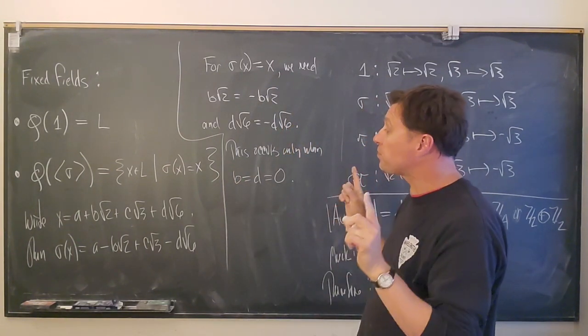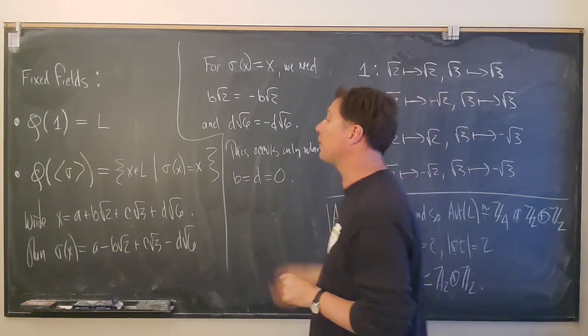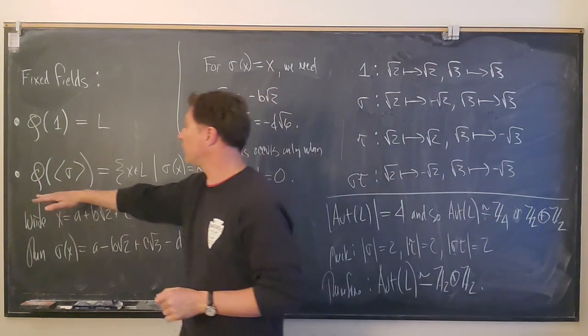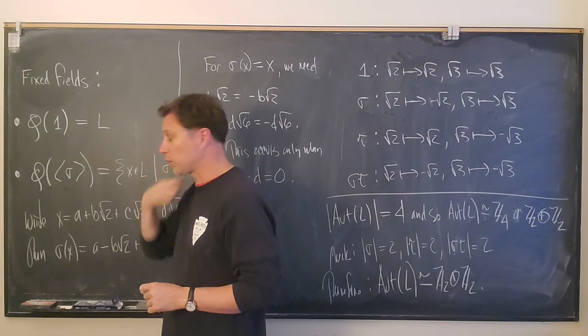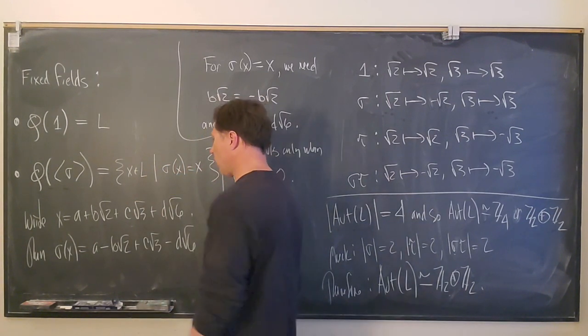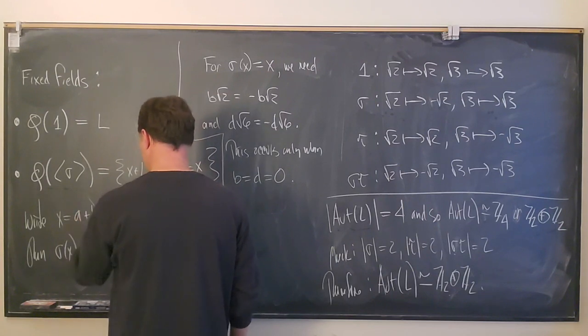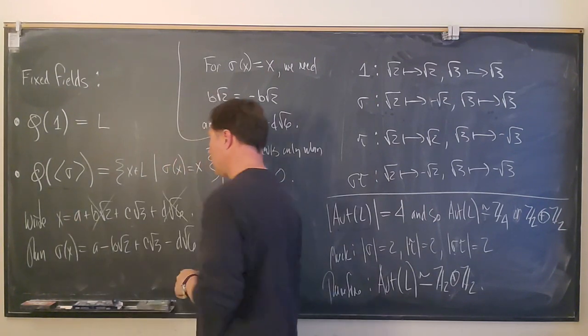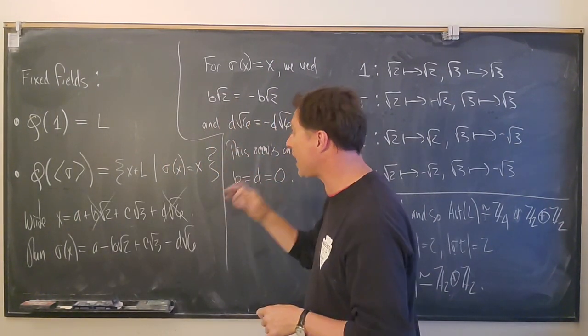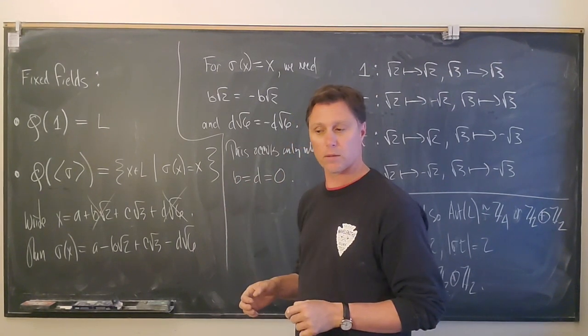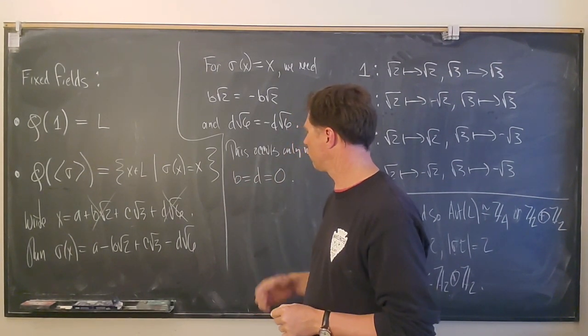Okay, so this completely characterizes the elements that live in the fixed field of the cyclic subgroup generated by sigma, right? They're the ones for which this part is gone and that part is gone. In other words, they're the elements of the form a plus c root 3.